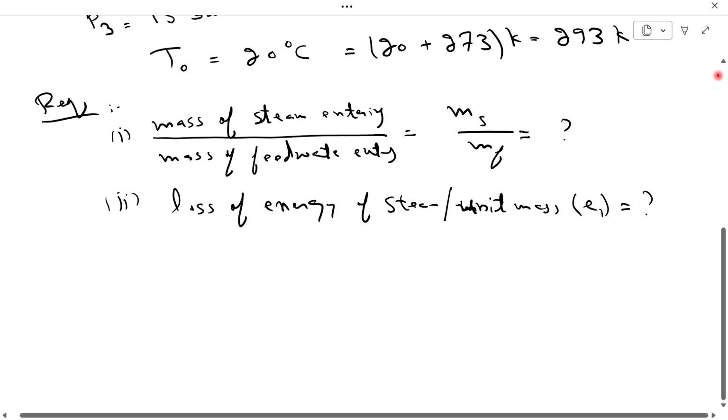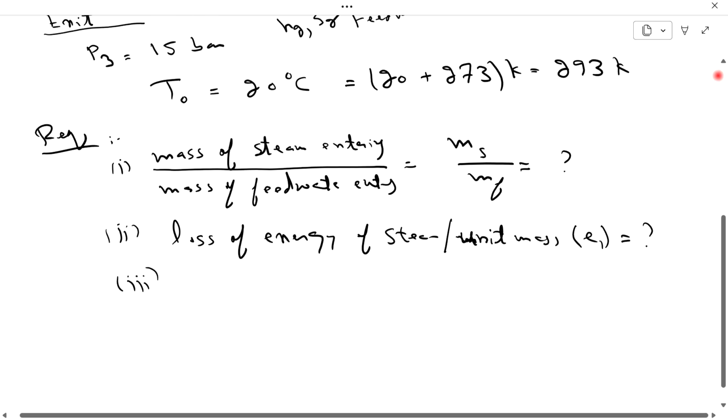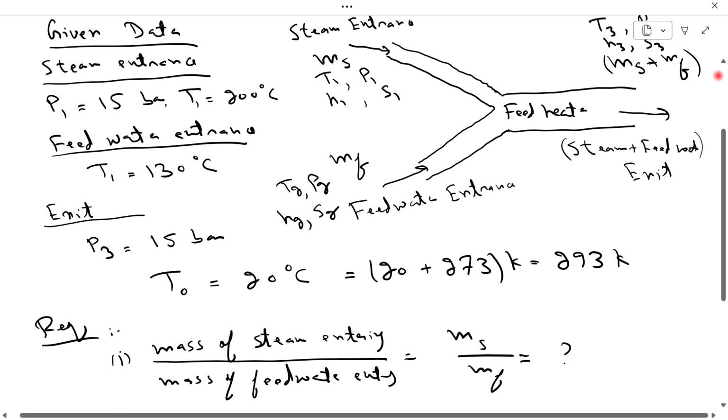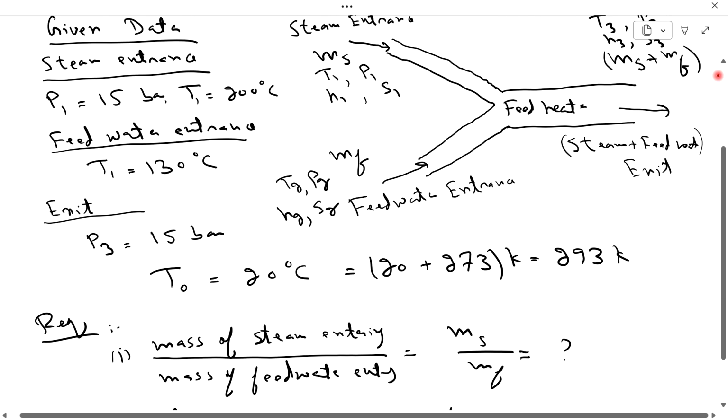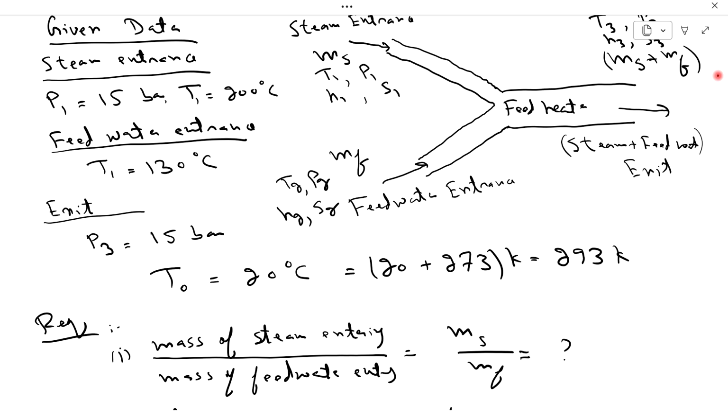And number 3, effectiveness. The loss of exergy of steam per unit mass means: this is the steam entrance, and this is the mixture of steam and feed water exit. So how much exergy is lost between the entrance and exit of the steam?